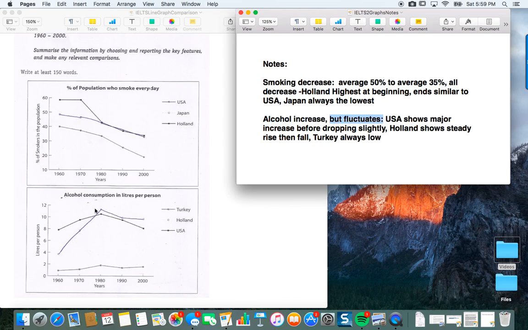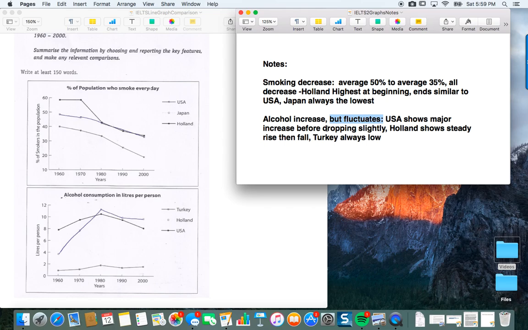So we've got up and down, and here you've got slight increase, slight decrease, slight increase. So there's a fluctuation, but overall, the starting positions are quite different. And that's one of the subtle differences that you'll want to pick up on. To get that 7 or higher, you want to pick up on those small differences.